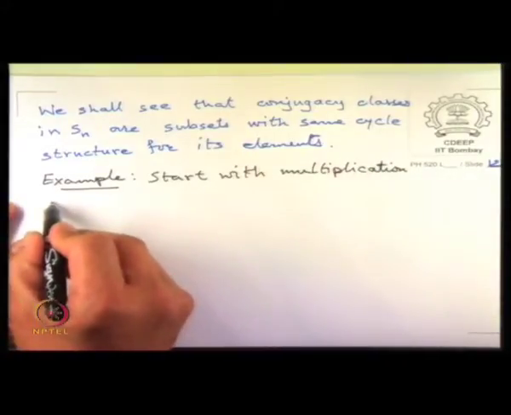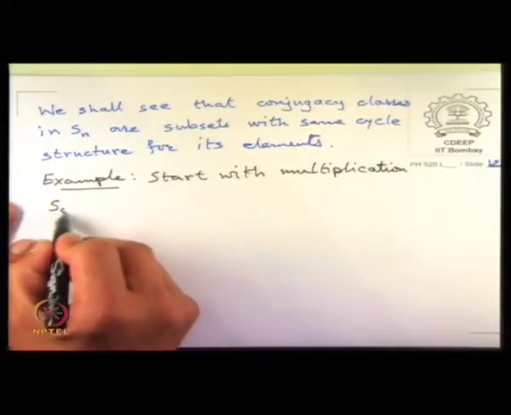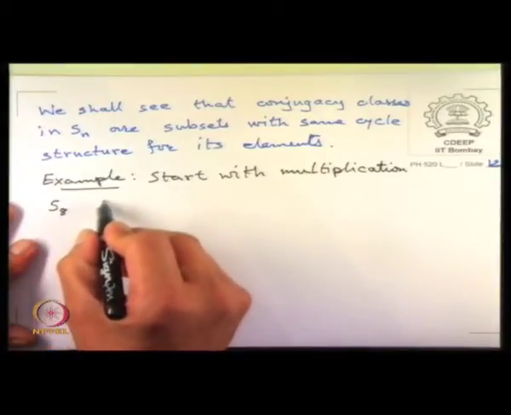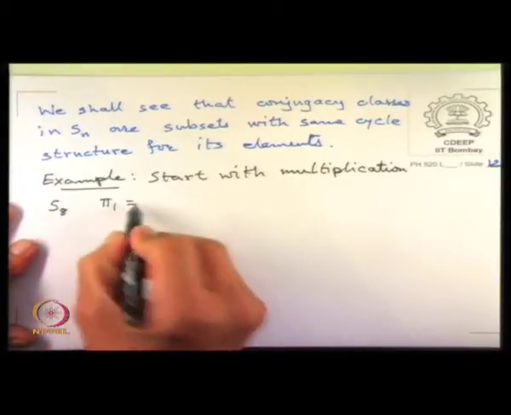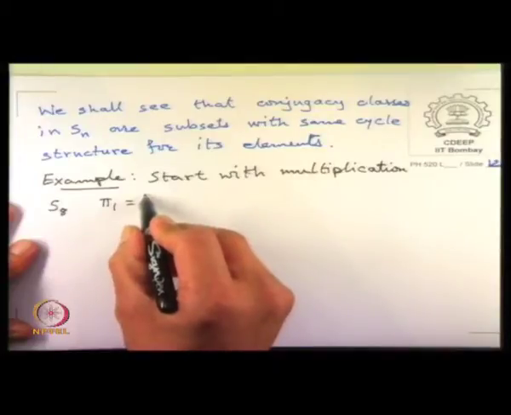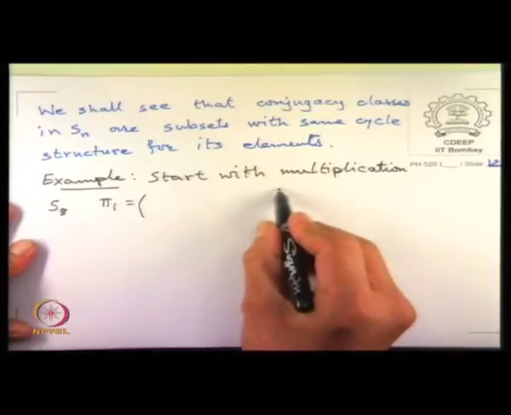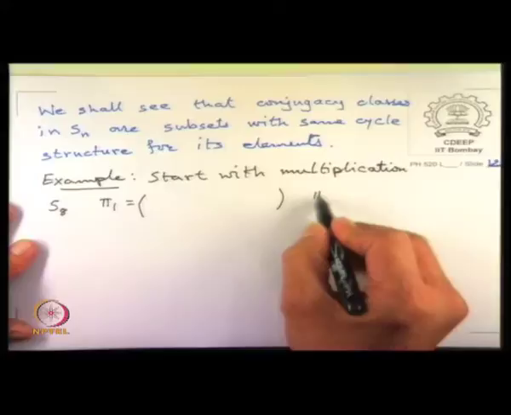So, our example is S8, pi 1 as before. Maybe I should try to be a little compact so that I can fit over here.